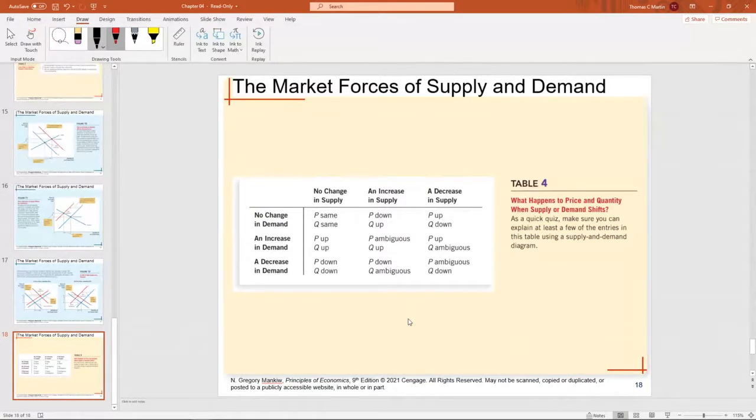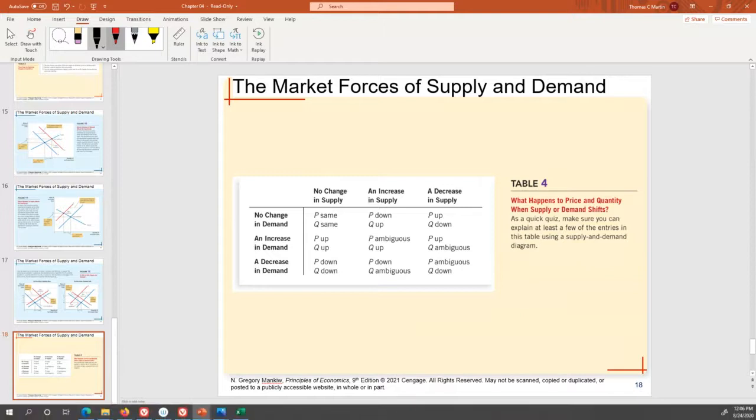So there's movement along the demand curve, but no movement of the demand curve. If there's an increase in demand, everything moves together. Now they say ambiguous because, as we'll see in the next chapter, elasticity is also a major issue to deal with.